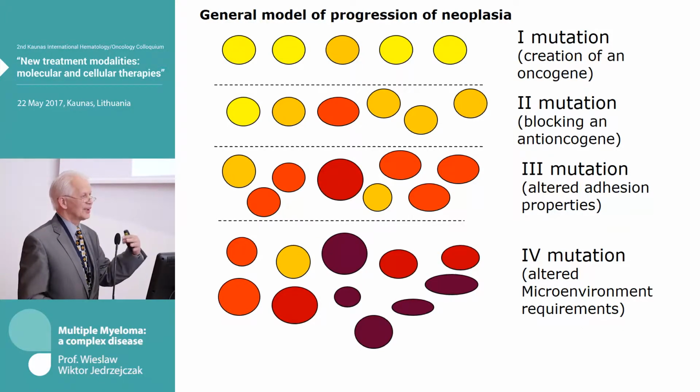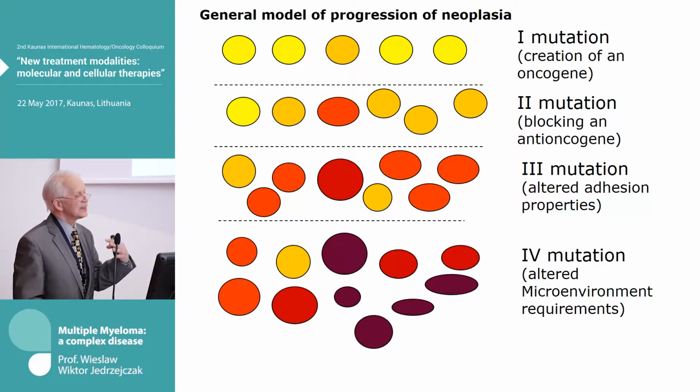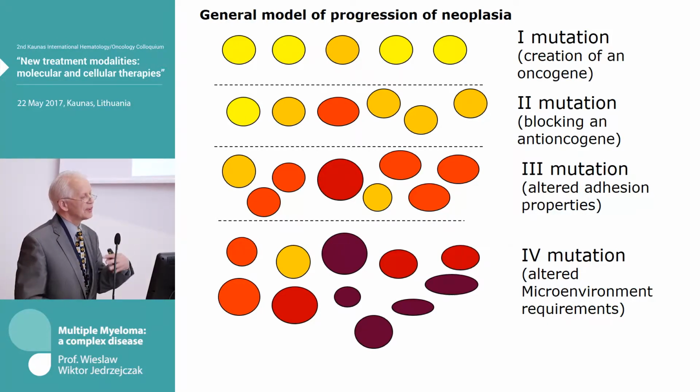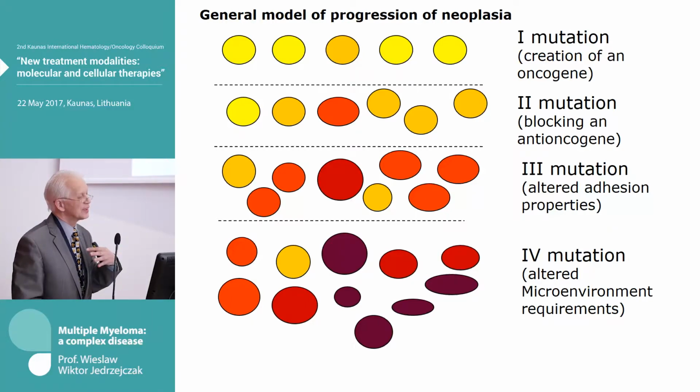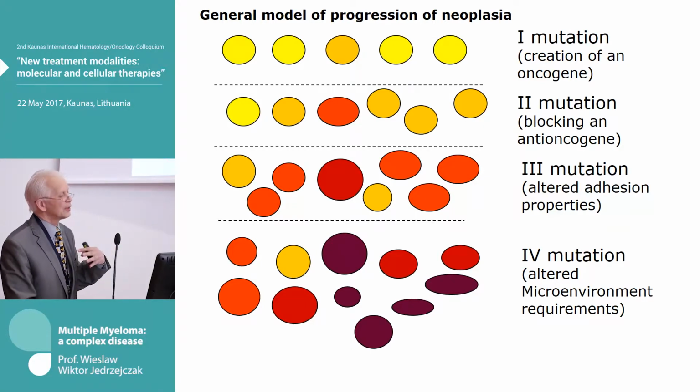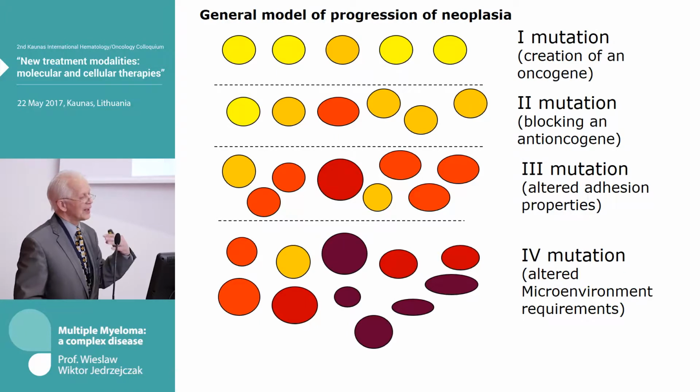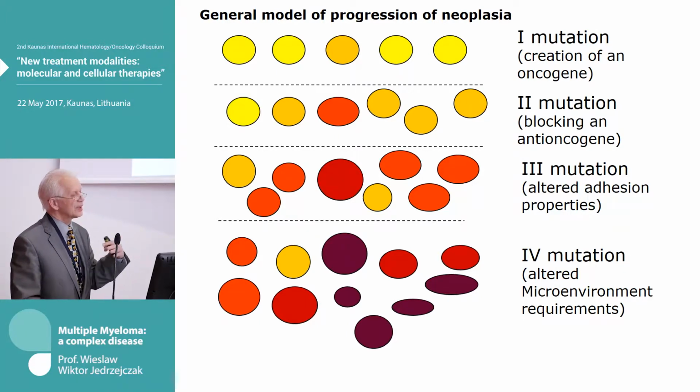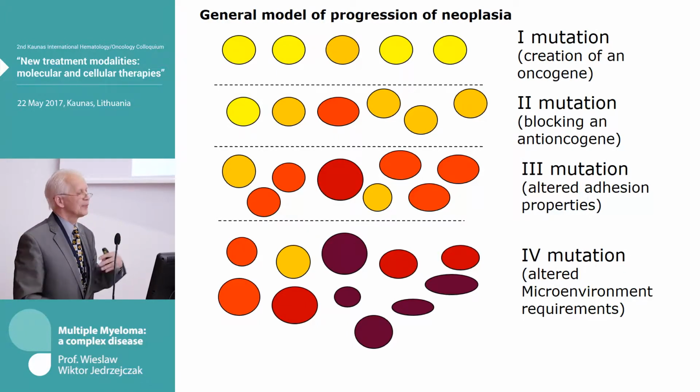So for the next generation, this mutated cell is competing more effectively with cells that are not mutated, and then another event may occur, and then there will be three stem cell populations competing for the next generation. These will be non-mutated cells, cells with one mutation, and cells with two mutations, of course.